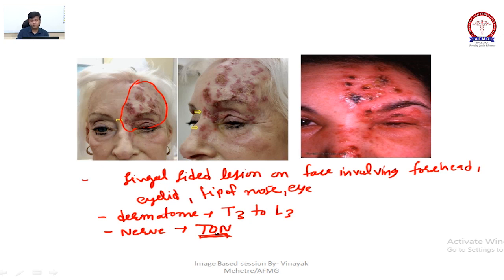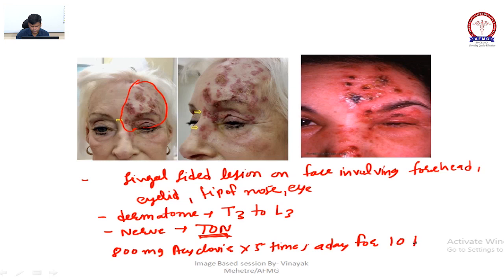Okay, and treatment for this, 800 mg acyclovir 5 times a day for 10 to 14 days.